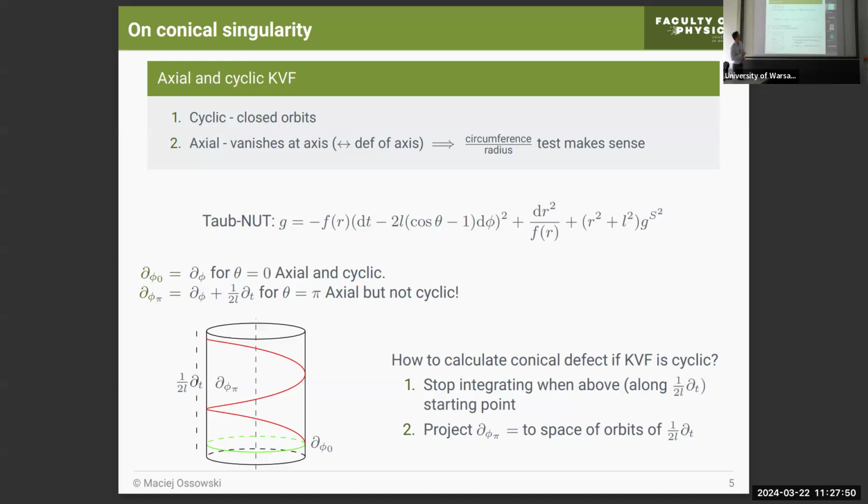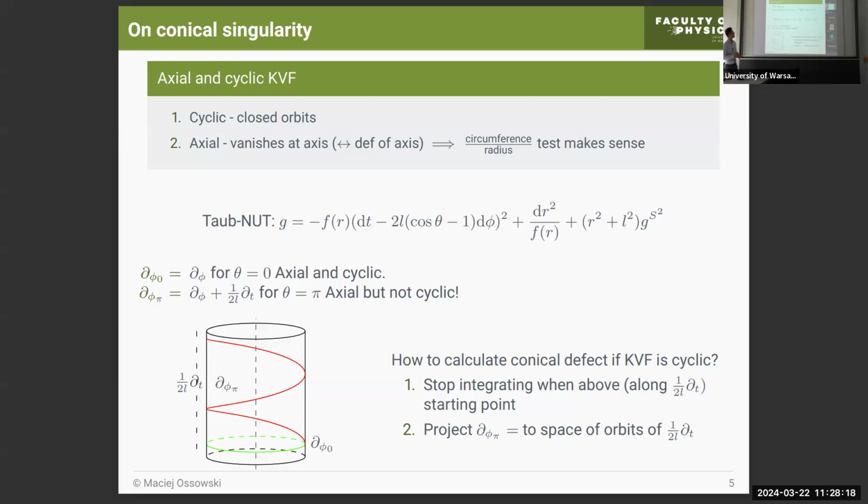Those two notions are actually independent of each other. So we could have cyclic Killing vector fields which do not vanish at all. And unfortunately, it happens that we can also have axial Killing vector fields which are not closed. So this poses a problem in how we actually calculate this conical singularity.